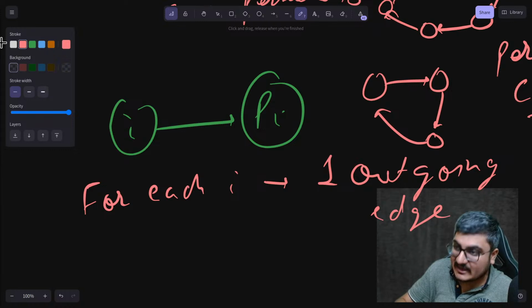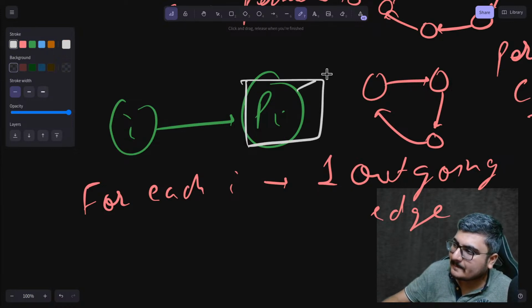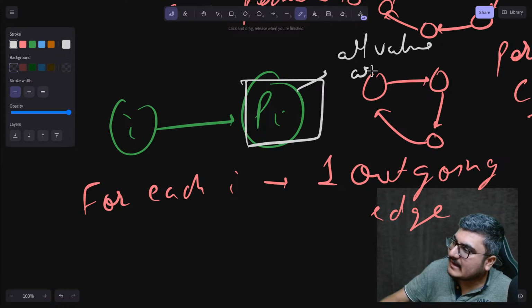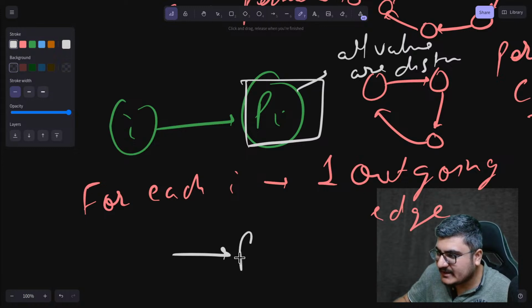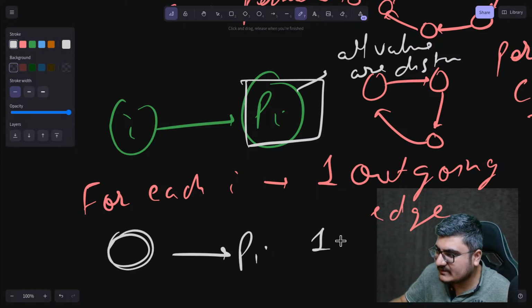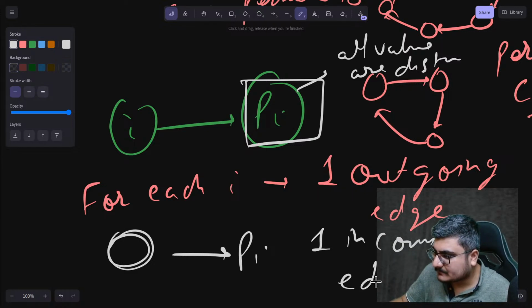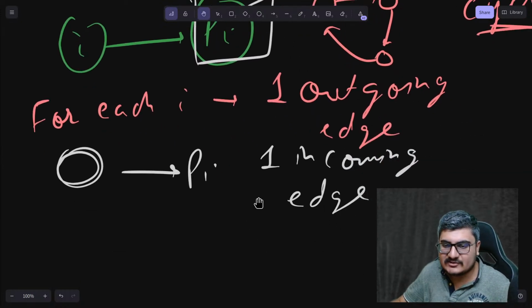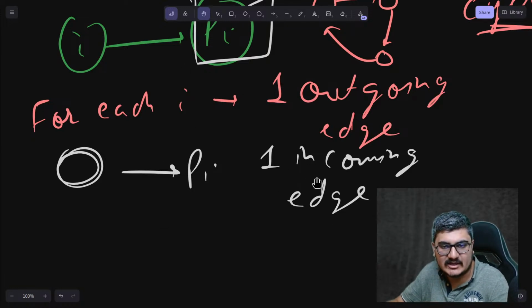Because in a permutation each value appears only once, the values are distinct. A node p_i will also have only one node before it, so one incoming edge. So if each node has one incoming and one outgoing edge, then that can only happen if you just have a bunch of cycles in your graph.